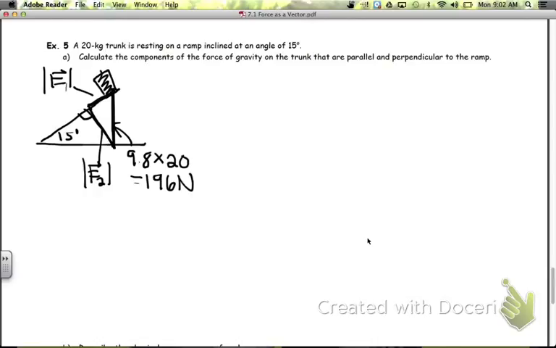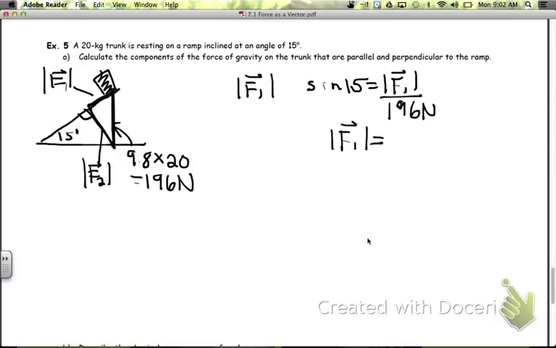Our force 1 is the force of the trunk sliding down the ramp, and our force 2 is the force of the trunk pressing against the ramp. So now we're going to find force 1 and force 2. Sine 15 is equal to force 1 over 196 newtons, so our force 1 is equal to 50.7 newtons.